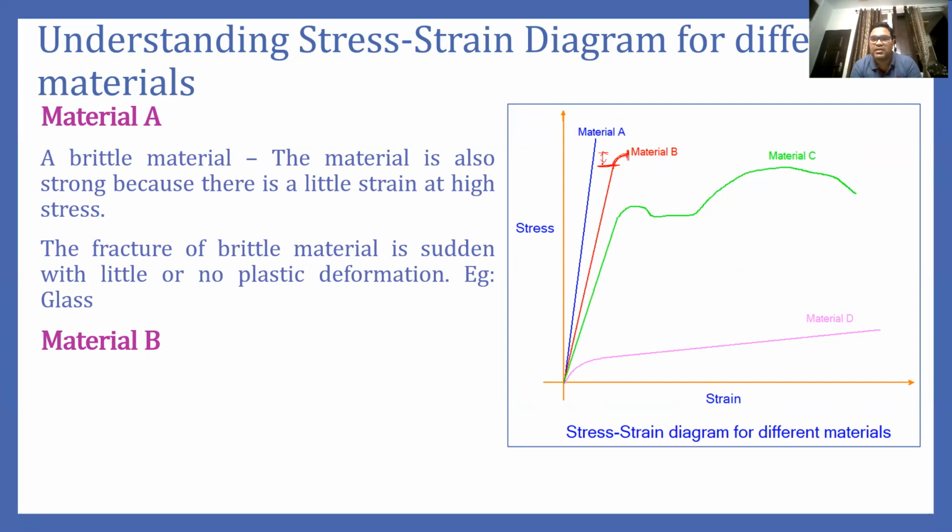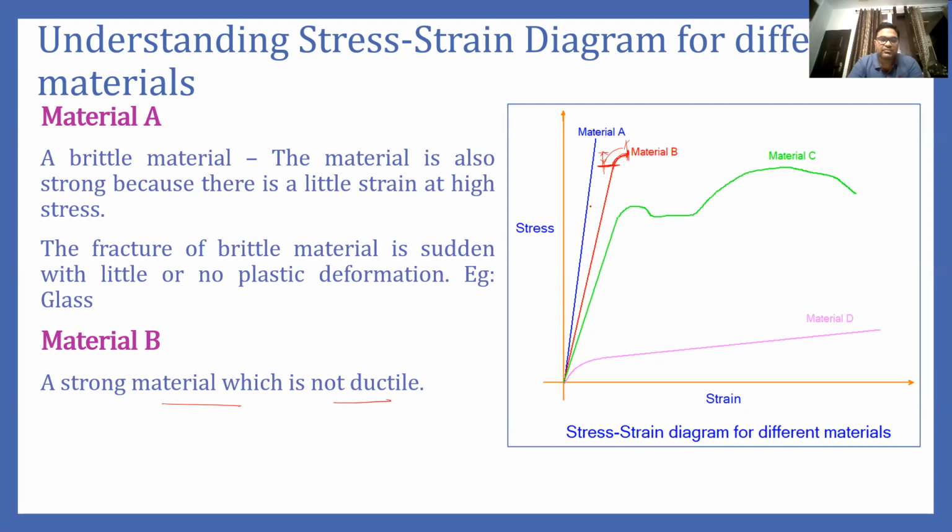So deformation will be shown, but it will be very slight. We can interpret material B as a strong material which is not ductile. Why? Because the curve is very small, which means the deformation will be very little in this material.